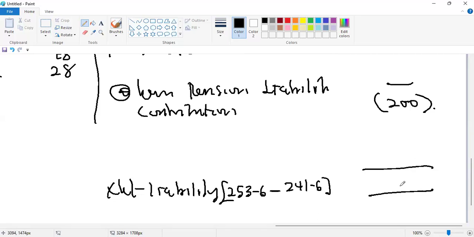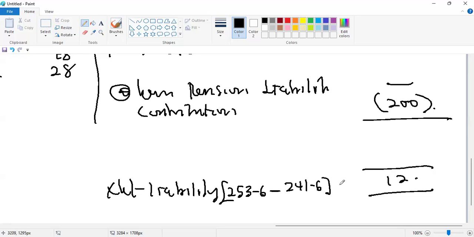There is no service cost, no past service cost, no net interest in the question. It's just what he gave me. What is the net liability now? 12.